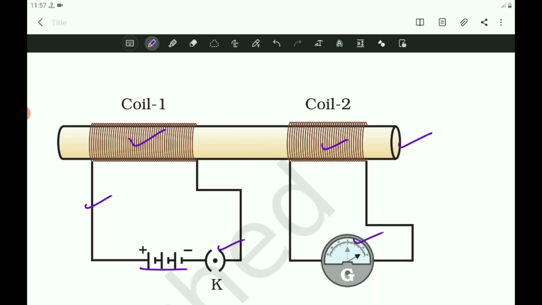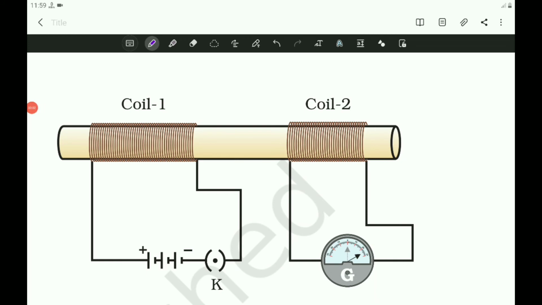Take these 2 coils, insert them over a non-conducting cylindrical roll as shown in the figure. Connect the coil 1 having larger number of turns in series with a battery and a plug key. Here you take the coil with more number of turns and connect this to the battery and plug key.